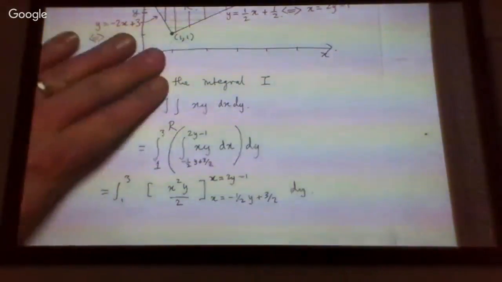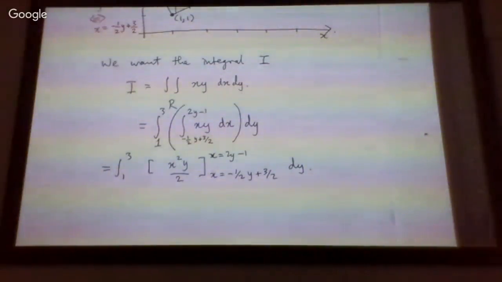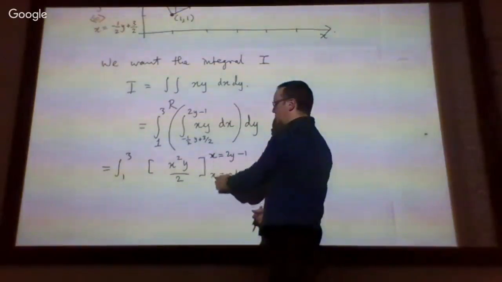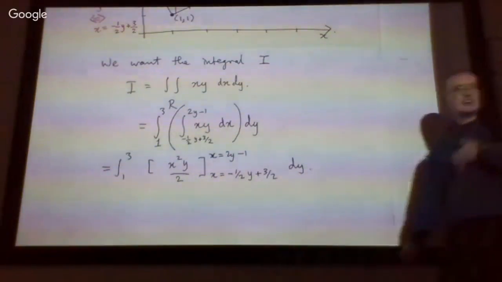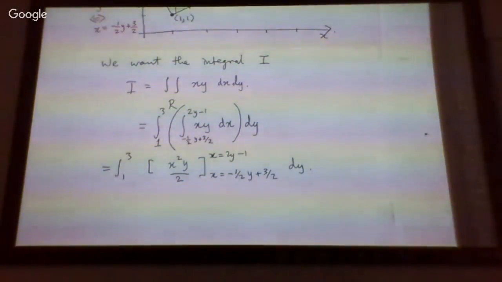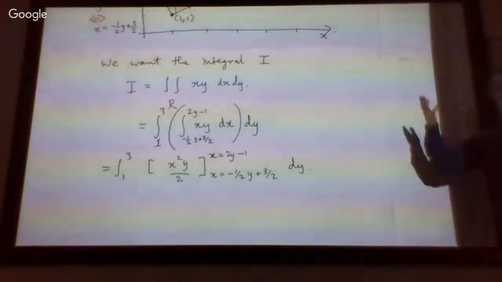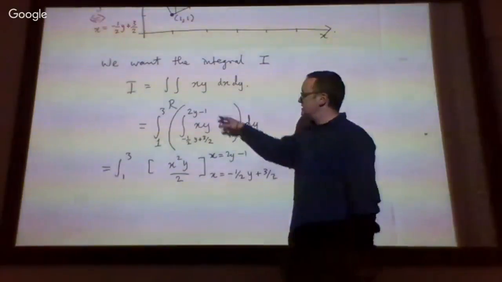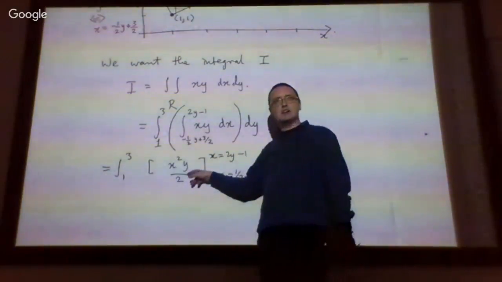It's sometimes useful to not just write the value of the limit, but actually indicate which variable it is to be substituted for. That can be a good thing because a common slip up that people might make when they're evaluating these is they take this upper limit and substitute it in for the wrong variable here.